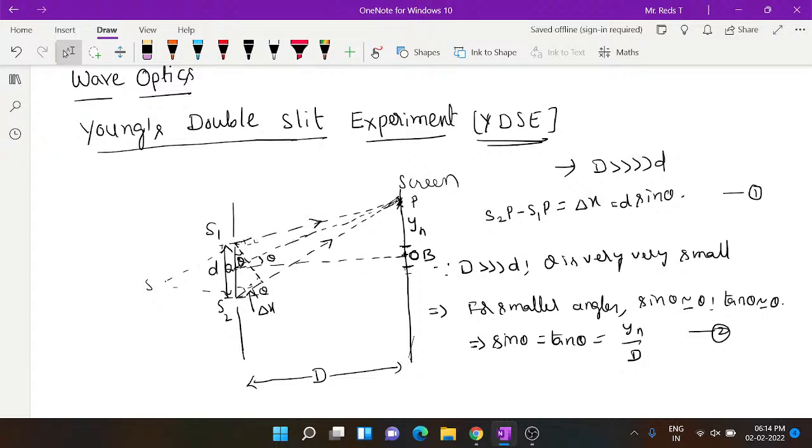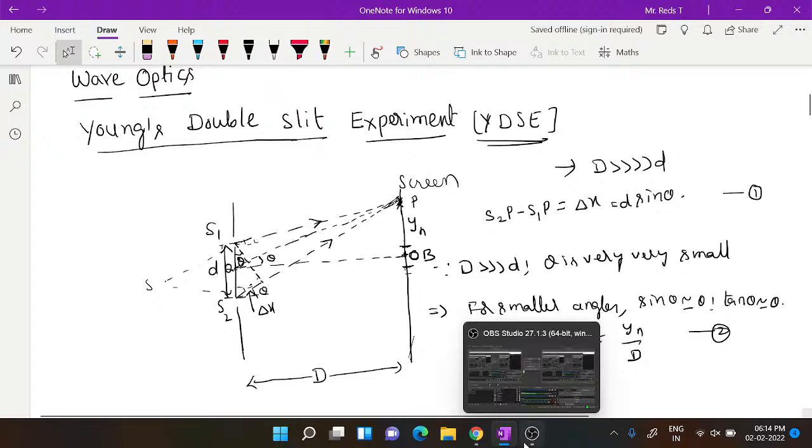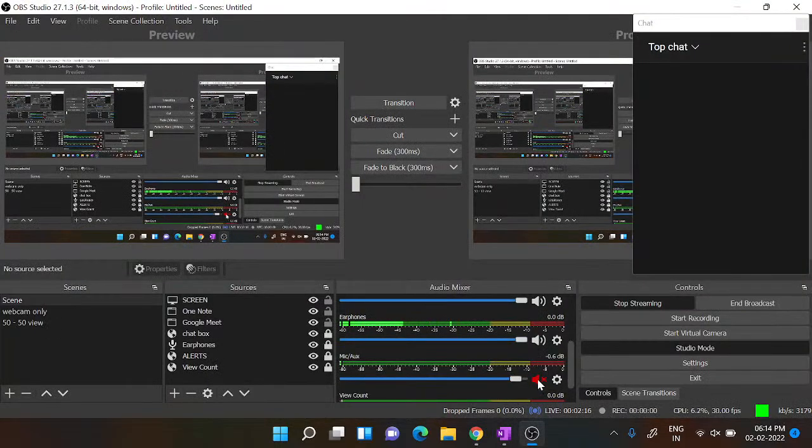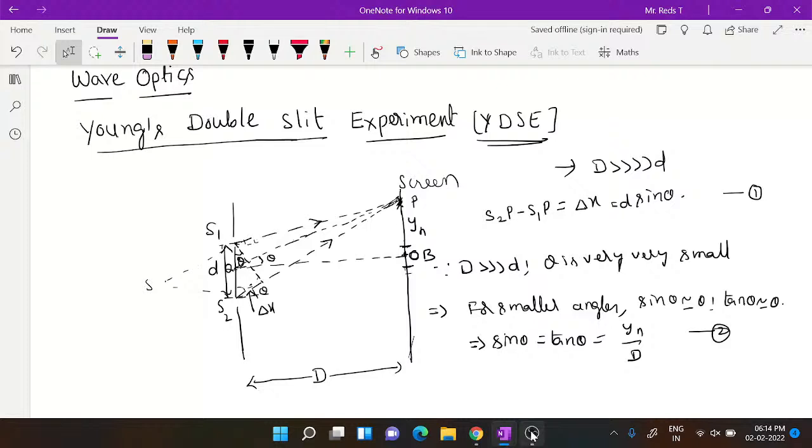So, is it visible? So, Young's double slit experiment.